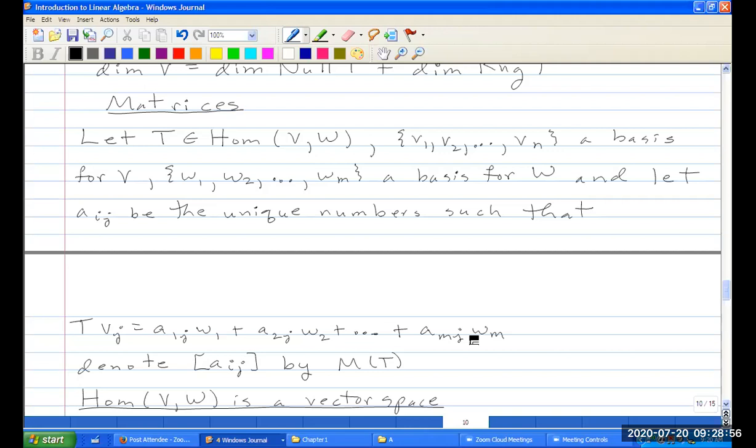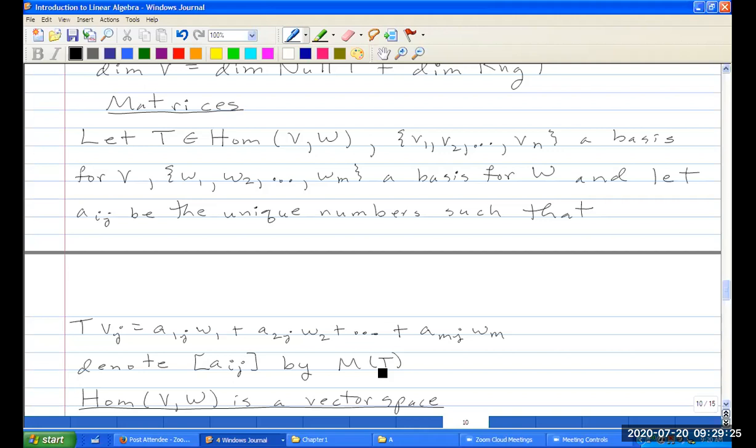Given this basis for V, this basis for W, and this linear transformation between these two vector spaces, we have some numbers. We will call that array of numbers a matrix, and we'll denote it by MT. So that is how matrices arise.